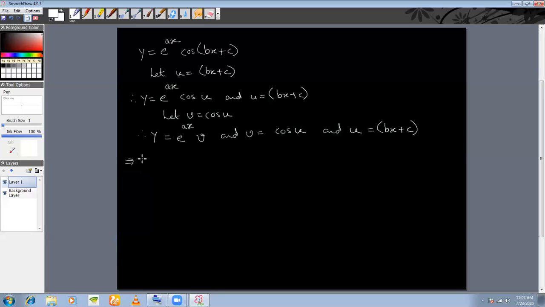Okay, so see, the variable here is, I have a y which is a function of x and also a function of v, right? I will differentiate this with respect to v.